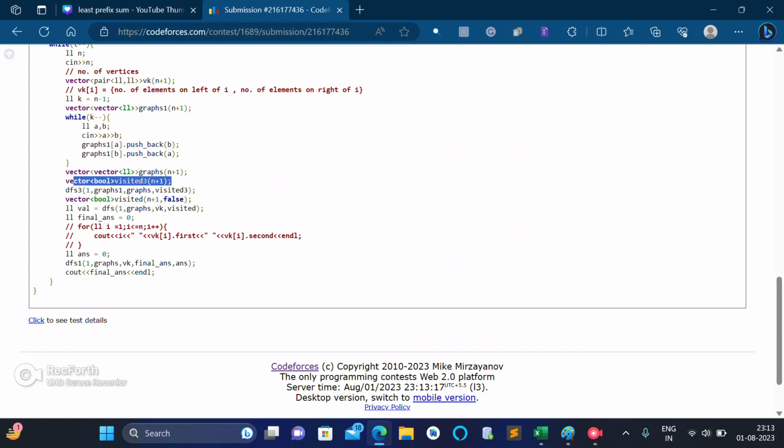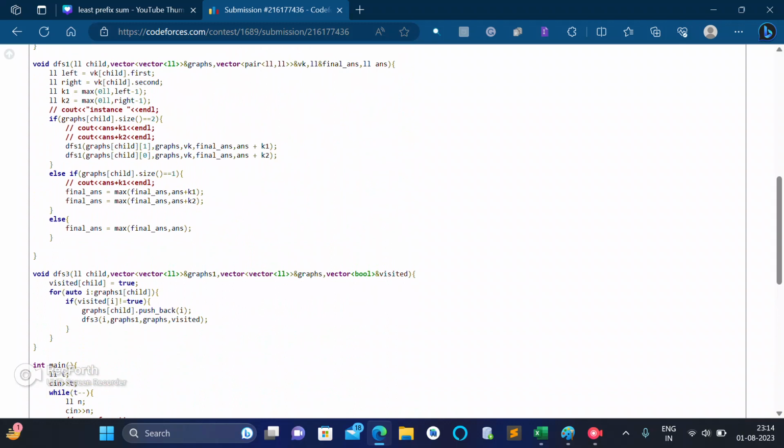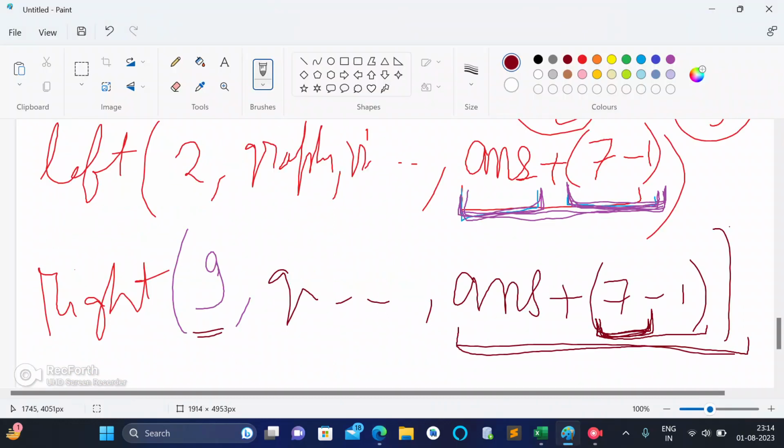Then I made another 2D vector, that is graphs, and visited 3. Then I made the DFS call. What I've done in this DFS call is I've put 2 things: one is graphs1 and the other is graphs. So this is my DFS 3.